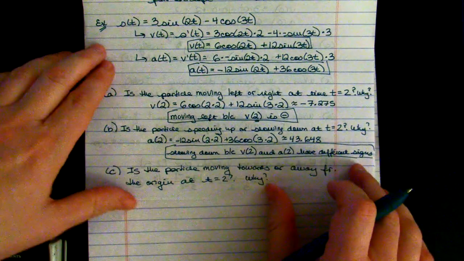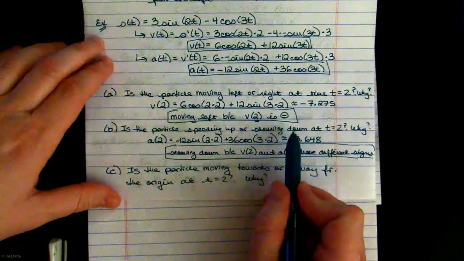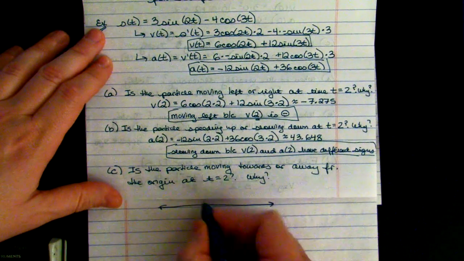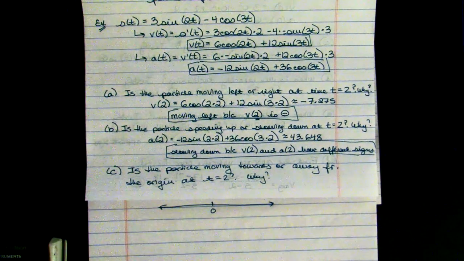I already know my particle is moving to the left. Here's my number line. Here's the origin. If I'm moving left, am I moving towards the origin or away from the origin? Or can you not just answer that knowing that we're moving to the left?